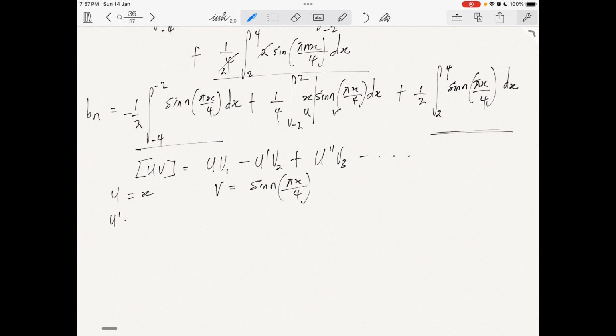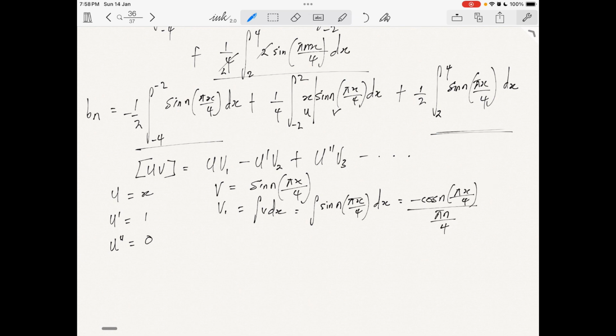So our u prime is equal to 1, as we differentiated x, and our u prime prime is equal to 0, that is we differentiating 1. So v1, which is the integral of v with dx, which is the integral of sine n pi x over 4 with dx, is going to give us minus cos n pi x over 4 divided by pi n over 4.